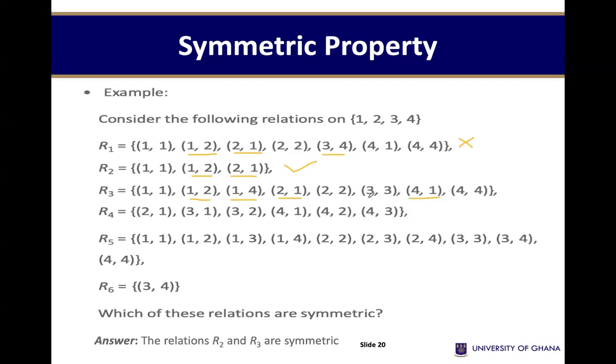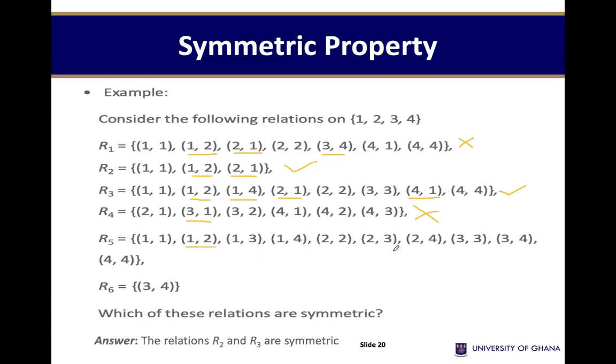So with that said, I don't want to worry much about the reflexive; I'll talk to you about that shortly. So we can say that R3 is also symmetric. Now let's come to R4. 3 is related to 1. Is there any 1 related to 3? No. And lastly, 1 is related to 2. Is there anything like a 2 related to 1?